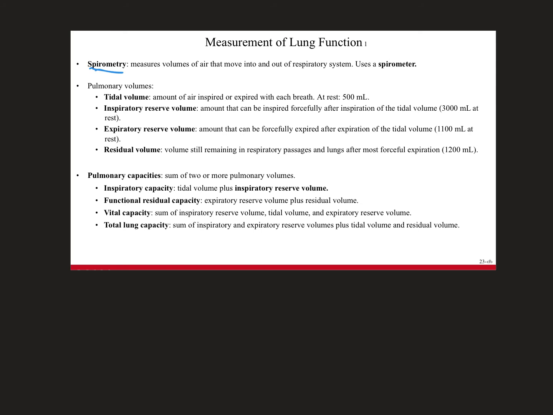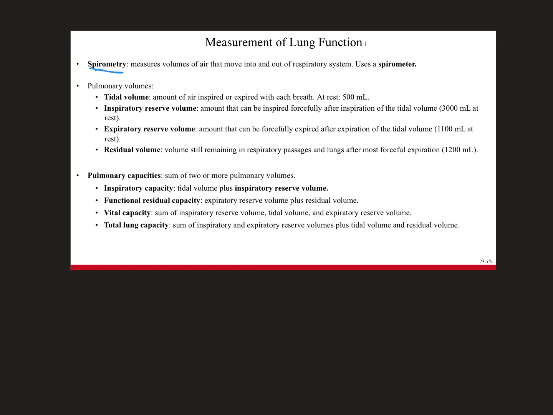So, in human terms, why is this all important, I guess? So let's look at the diagram, because the graph will help you understand this. Measuring lung volumes and measuring pulmonary capacities are very important.